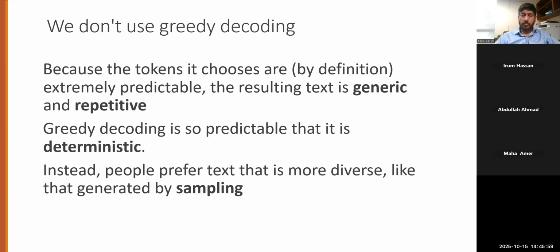We only use greedy decoding for predictive AI. By definition, we are trying to get a very predictable word, the best word for something. So there is less variation, less variety in the output.